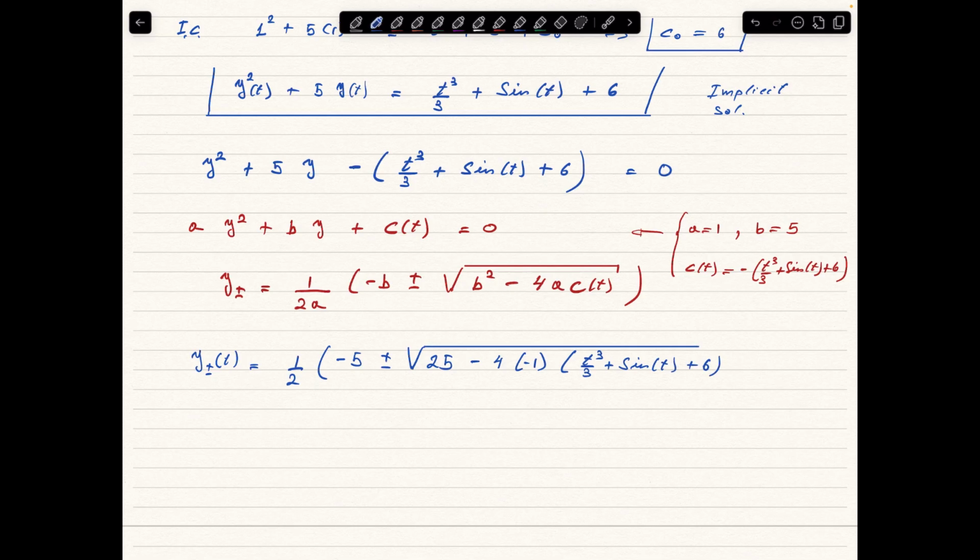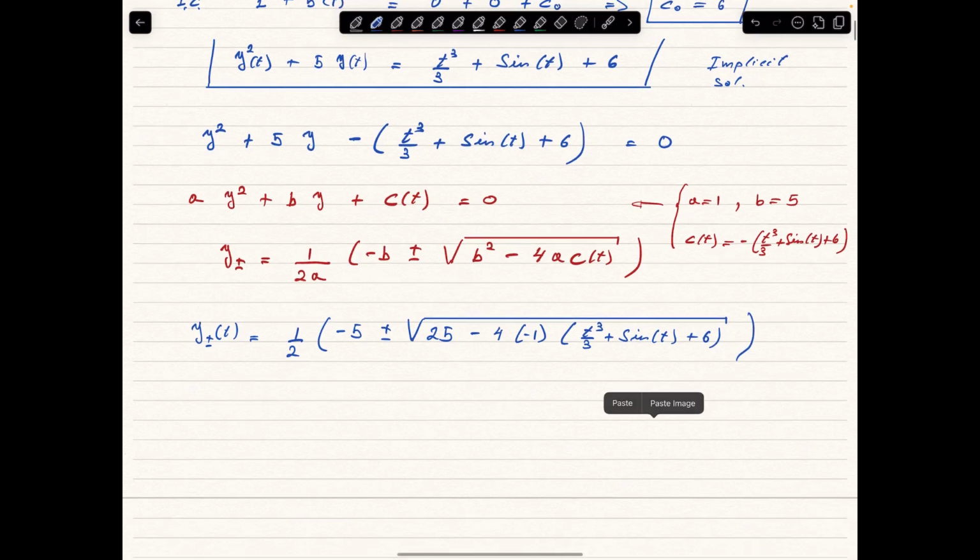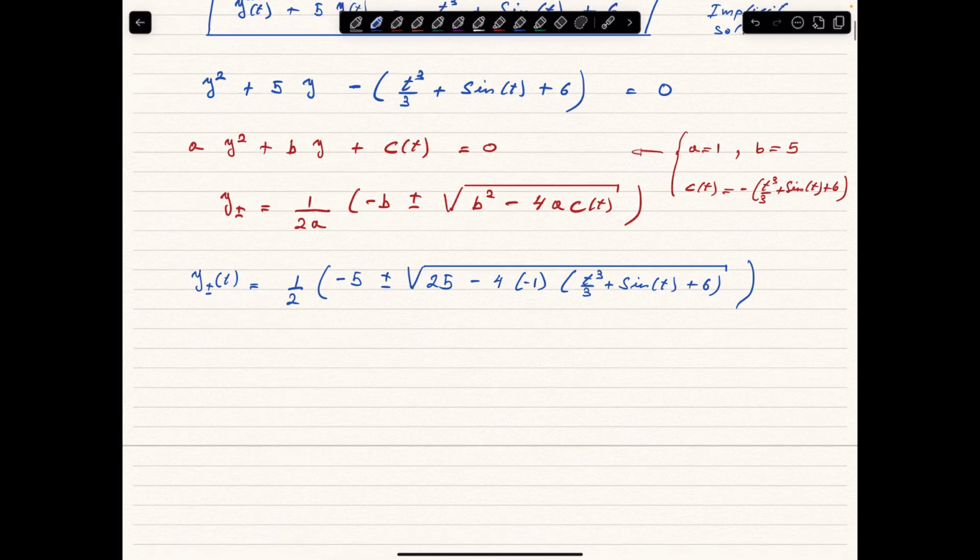All right, and then we compute the square root, and everything multiplied by 1/2. So there we have it, and now we have two solutions, the y plus and the y minus.